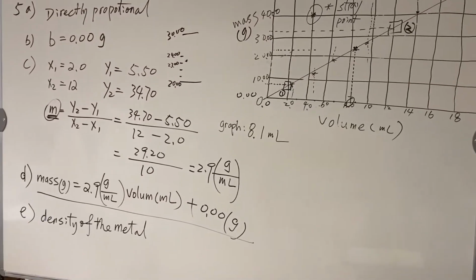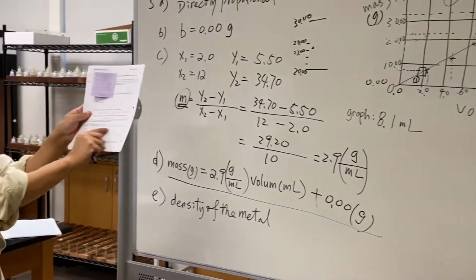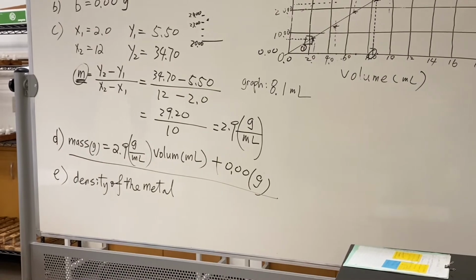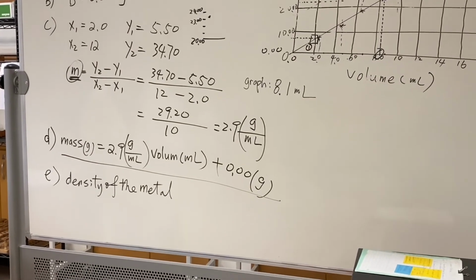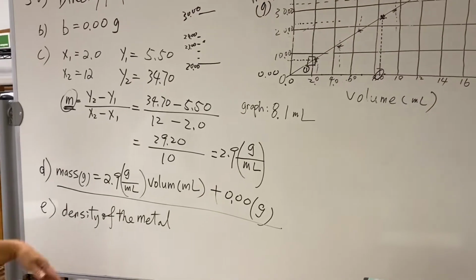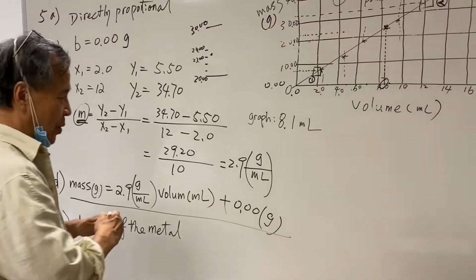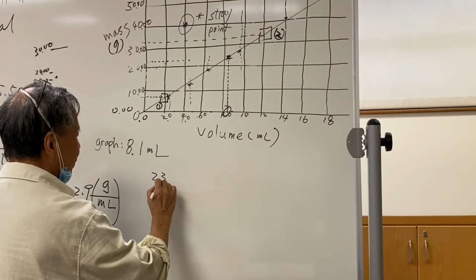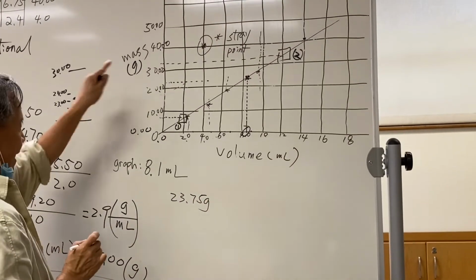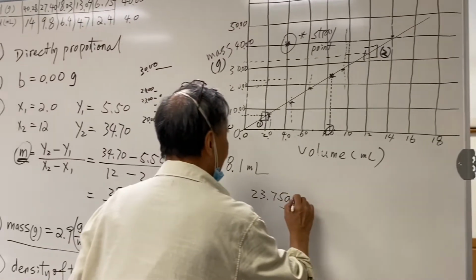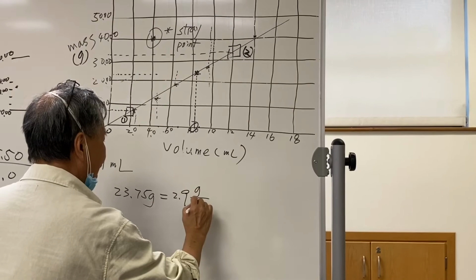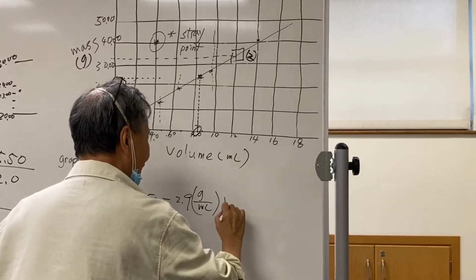Then you are asked by using your specific equation. Do exactly the same thing. Mass is known: 23.75 gram. That is given. What is your volume?